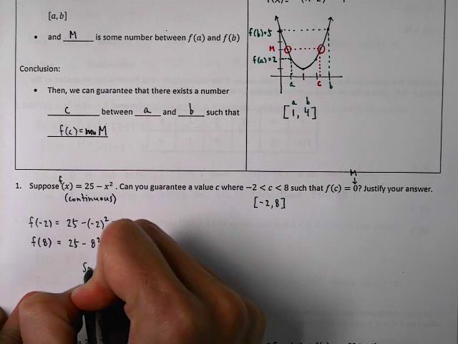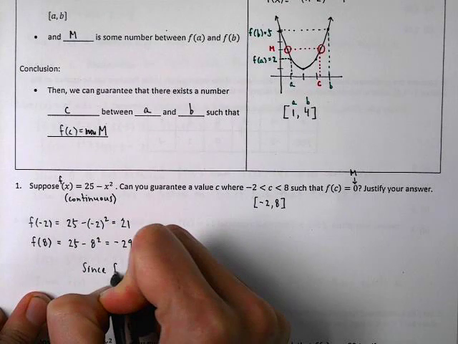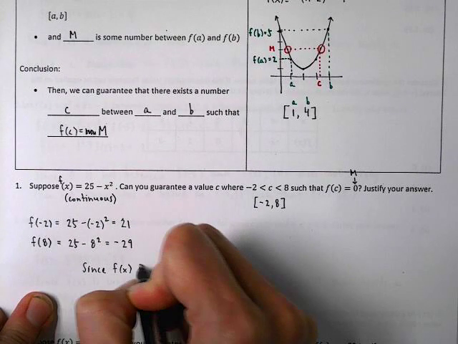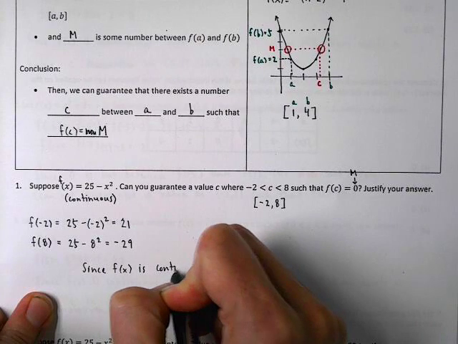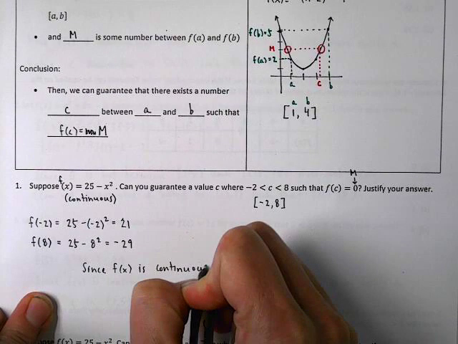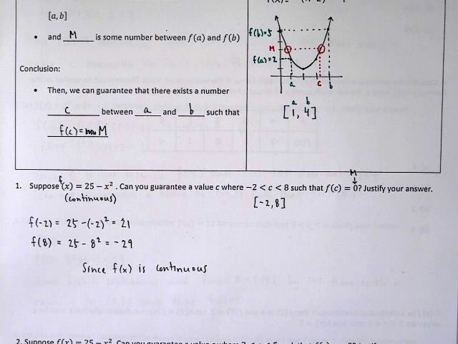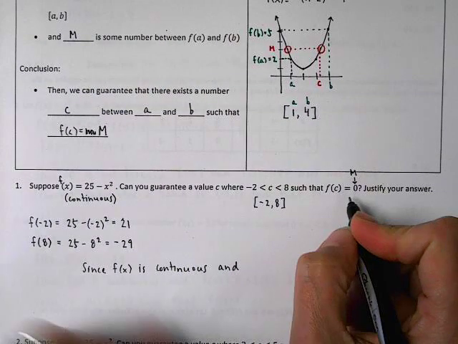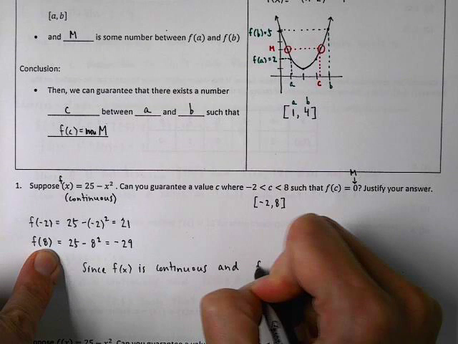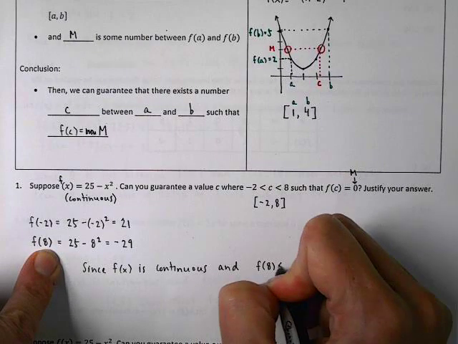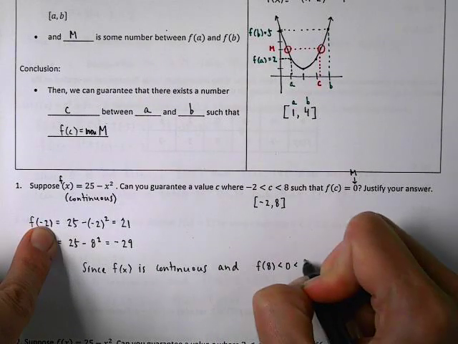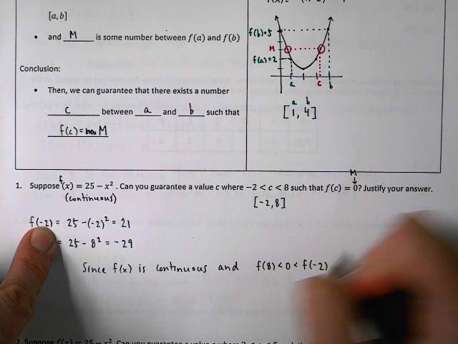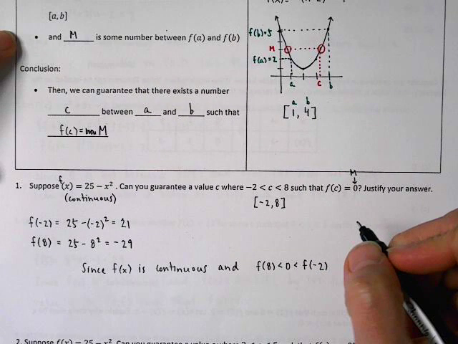We would say, since f of x is continuous, that was our first condition, and we know that 0 is in between f of 8 and f of -2. Right, we've met our first two conditions.